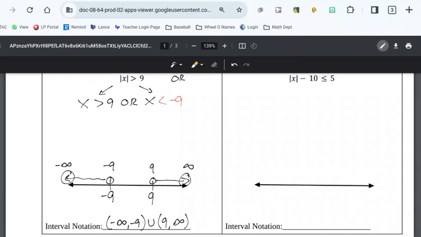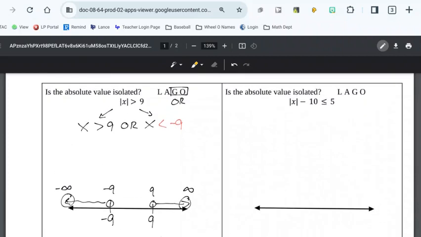Okay, let's go ahead and take a look at the next example. So is the absolute value isolated? In this case, it is not. So we must add 10 to both sides. And then we get the absolute value of x is less than or equal to 15. Now it is by itself, so we can use LAGO.